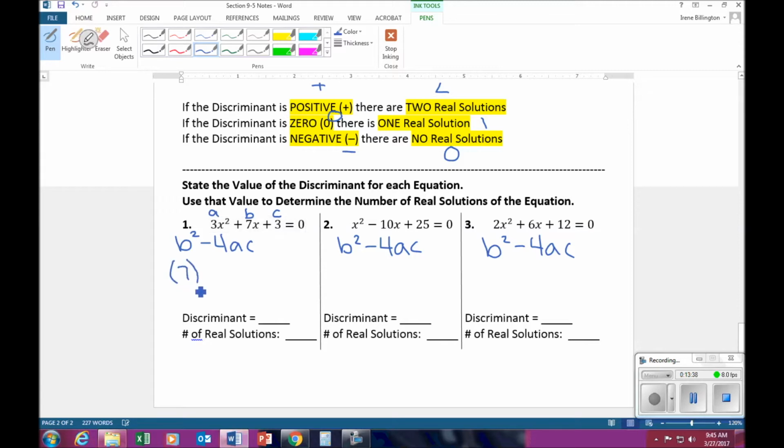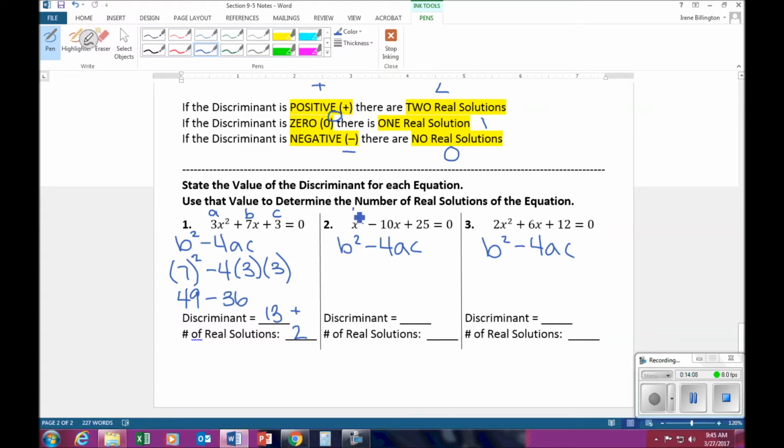So I have, use parentheses, 7 squared minus 4 times 3 times 3. You can plug all that into your calculator. You can also do it mentally if you prefer. 49 minus 4 times 3 is 36. 4 times 3 is 12 times 3 is 36. 49 minus 36 is 13. My discriminant is positive, therefore there are 2 solutions.